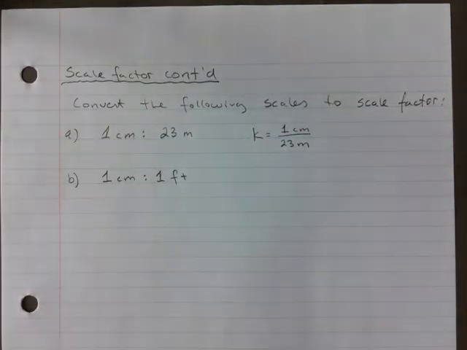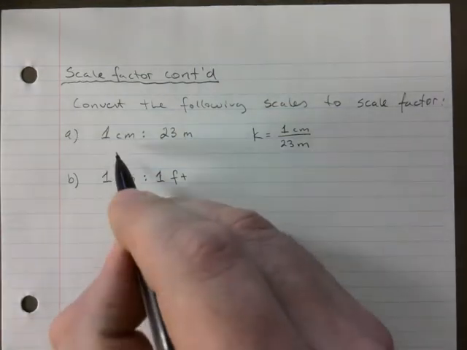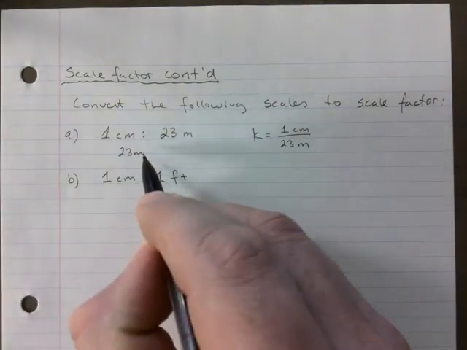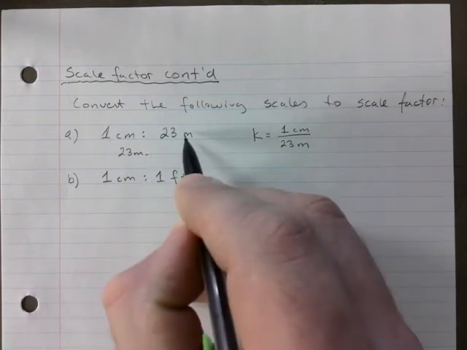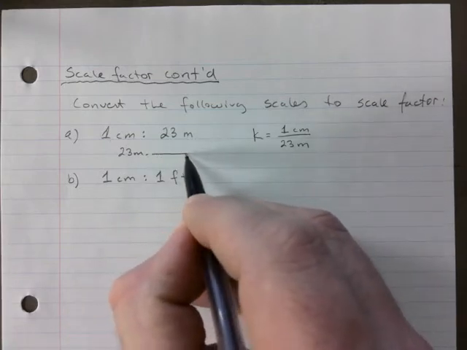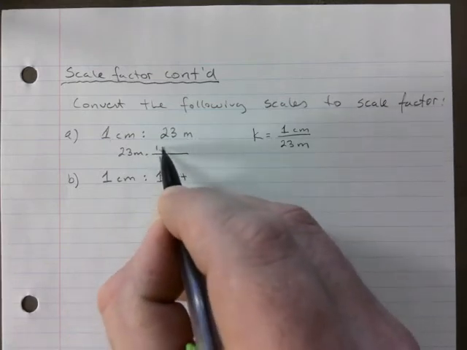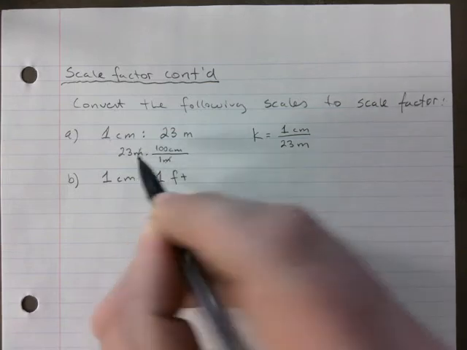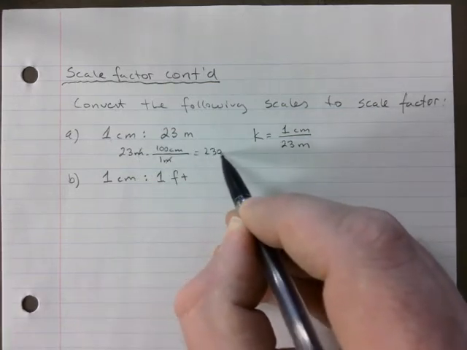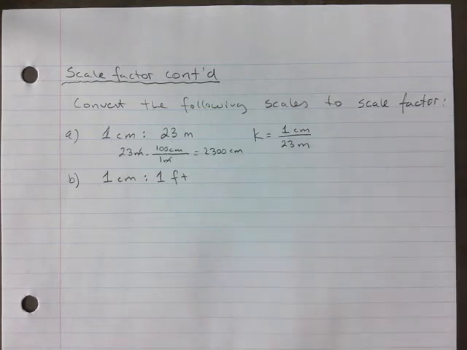So somewhere on this piece of paper, if you were to answer this question, I at least would say, let's convert the meters to centimeters. 1 meter has 100 centimeters. Cancel, cancel. That's 2,300 centimeters.